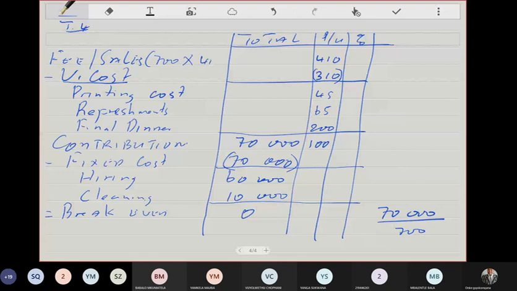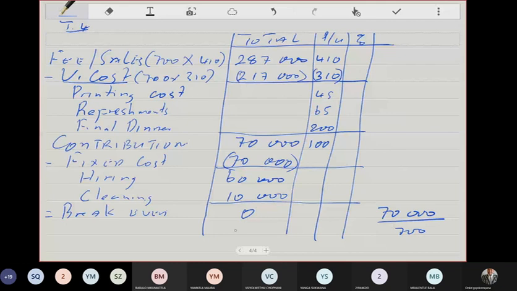So if you take that 287,000 minus 217, it takes you straight to 70,000. Then 70,000 minus 70,000 of fixed cost, then you've got your zero. You just break even. That's what we're talking about.